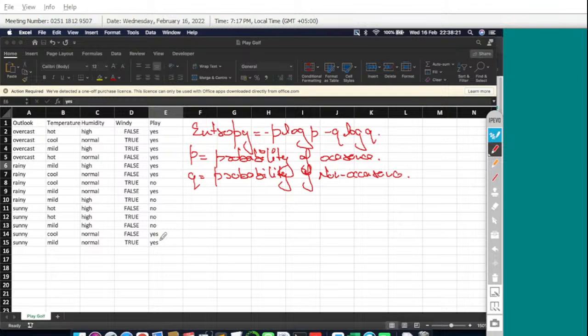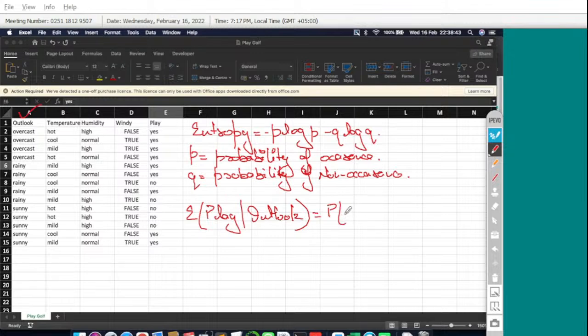Great. Now, we need to calculate the entropy of play for every column. Let's say first we will calculate for outlook. What will be the entropy?